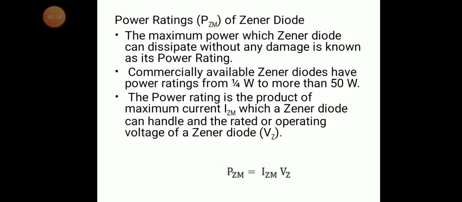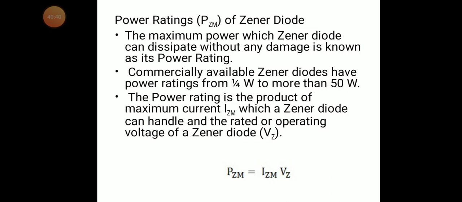The power rating is the product of the maximum current through the Zener diode which it can handle and the rated or operating voltage of the Zener diode.